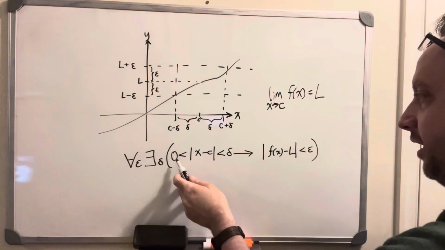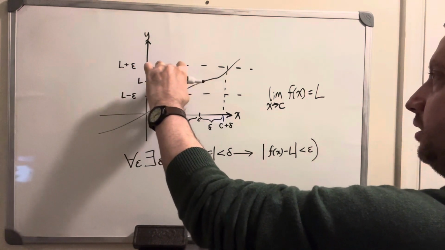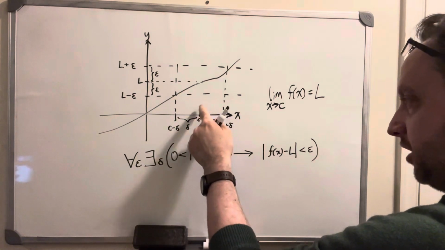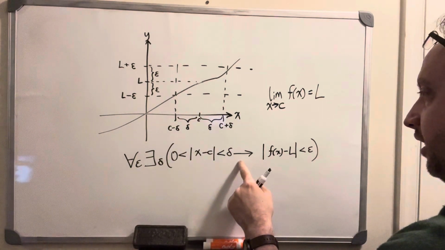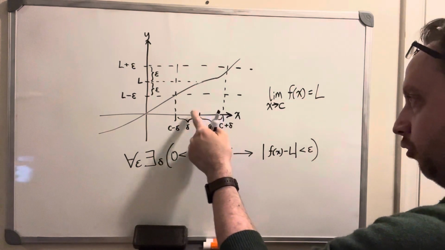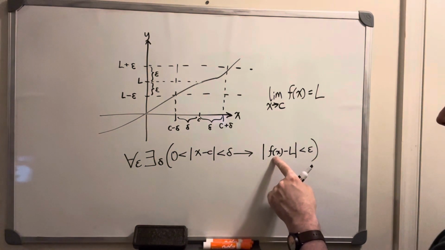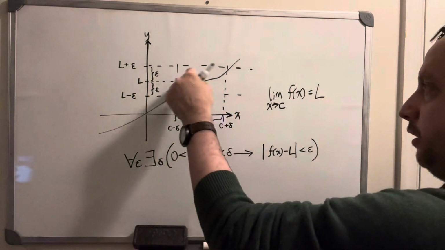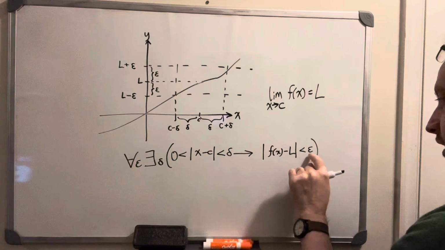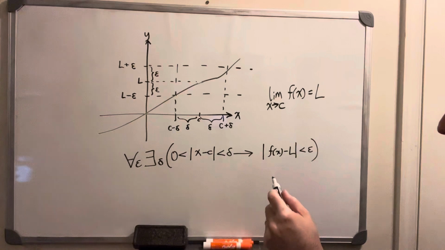This means that for every epsilon, you can crank this as tiny as you want, but for each one there will be an open boundary around c such that if x is in that open boundary, above or below c, then the difference between the value of the function and this limit L will be within that region epsilon. This is the regular definition of the limit.